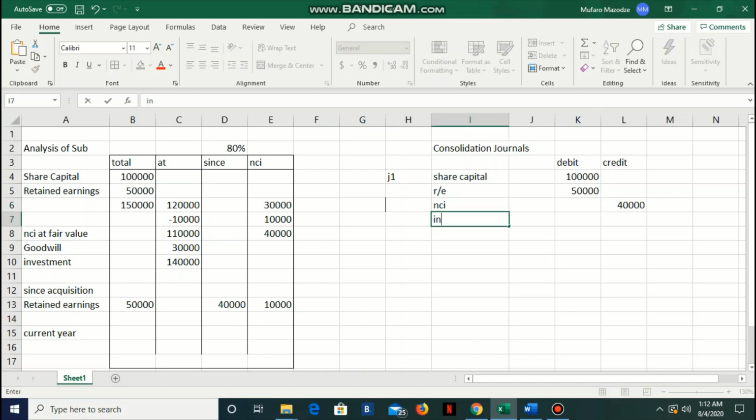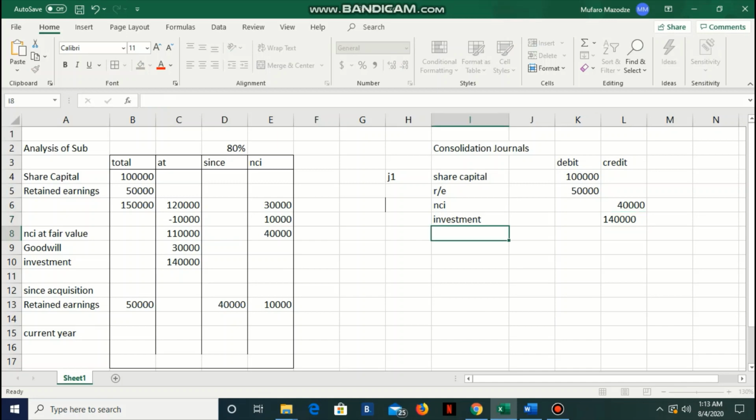Our investment will be a credit because we're trying to eliminate, we're actually reversing. What the parent would have done is they would have debited the investment, which is 140,000 rand, but they are supposed to now eliminate that investment to reverse.